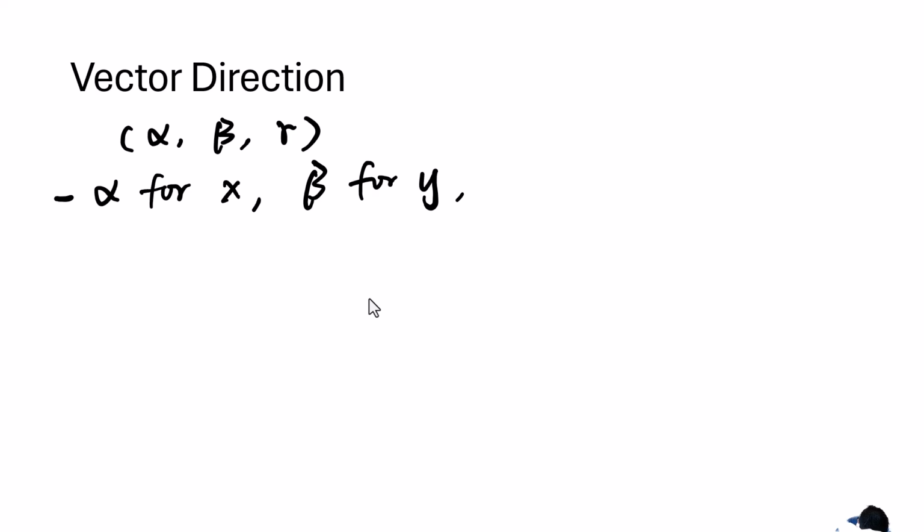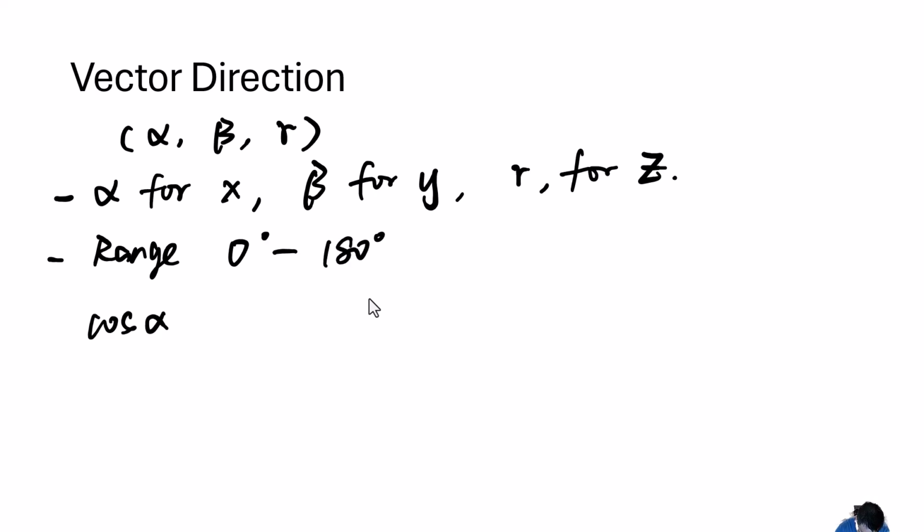The range is from 0 to 180 degrees. We can also use cosine alpha, cosine beta, and cosine gamma. In other words, if we are given a cosine value, we should be able to find the vector's angles.